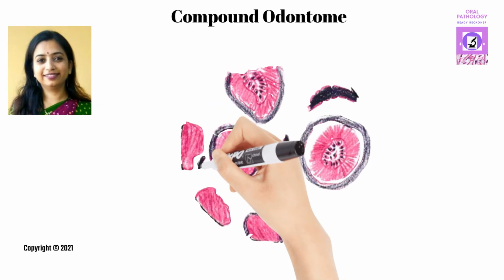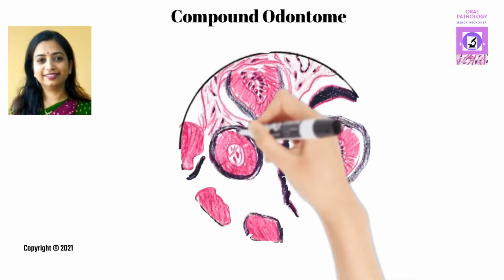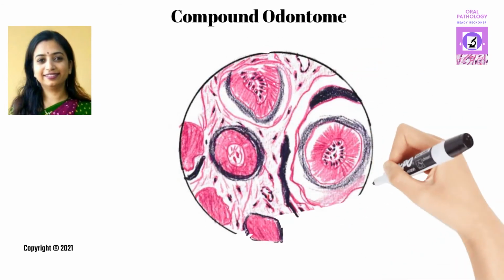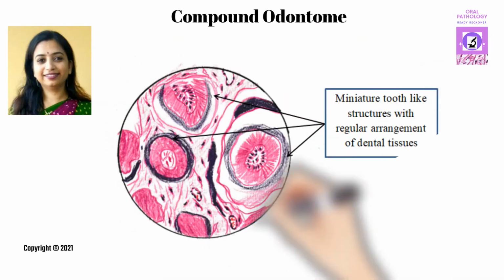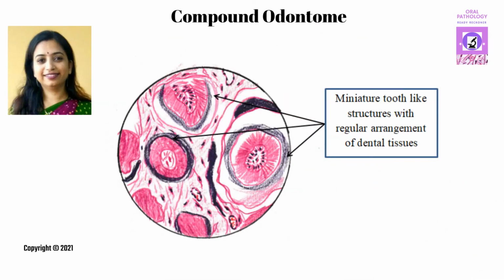These tooth-like structures are separated by a thin connective tissue. However, mature enamel is lost during the decalcification process and can be seen as enamel spaces in the hematoxylin and eosin stained sections.